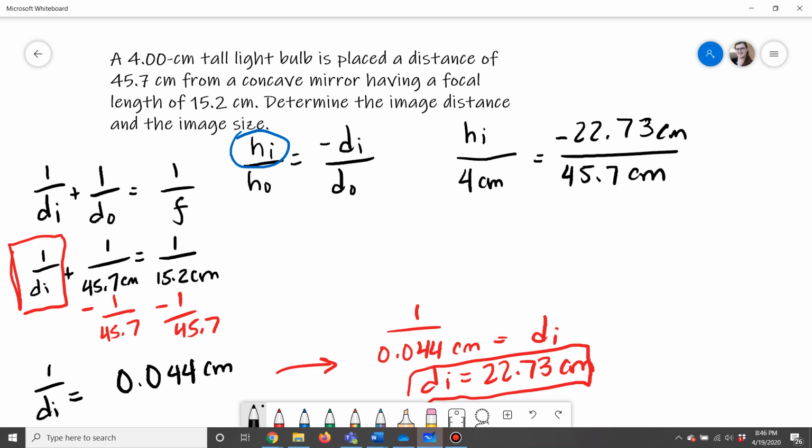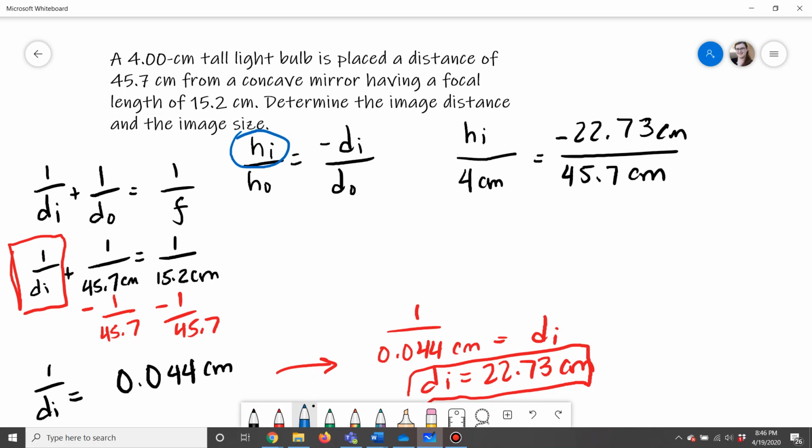And notice how these are both centimeters, so when they cancel out, they're going to leave a unitless number, and that's perfectly fine. As I explained with magnification before, it is just a unitless number that expresses how much bigger or how much smaller your image and your object are going to be to one another. So now we can just cross multiply and divide like you would in algebra.